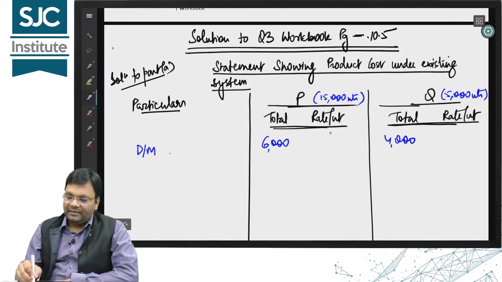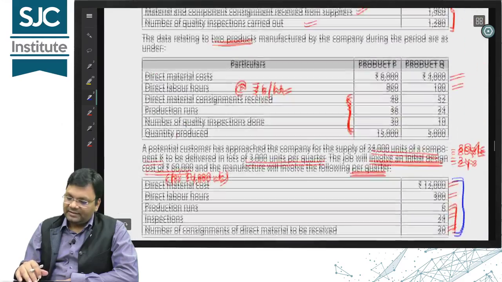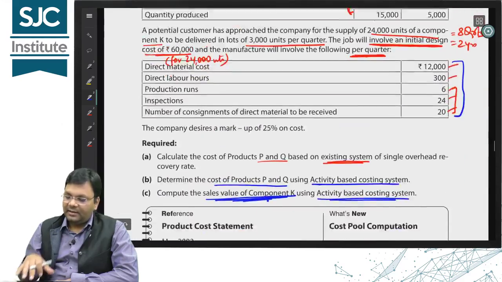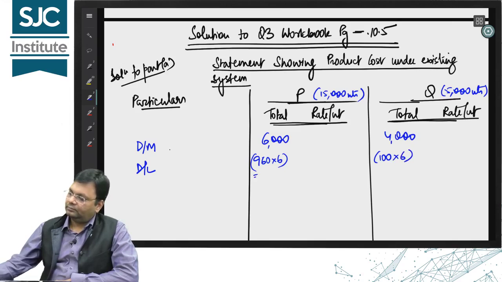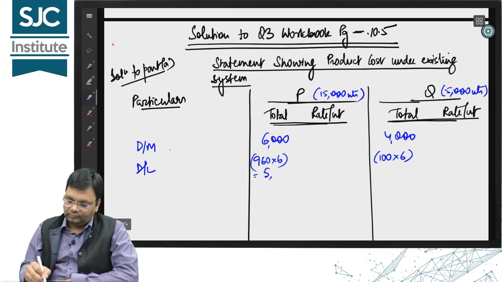You can divide and find the rate per unit. Direct labor cost: wage rate is 6 rupees per hour, 960 and 100 hours. So 960 into 6 and 100 into 6. 5760, 600.